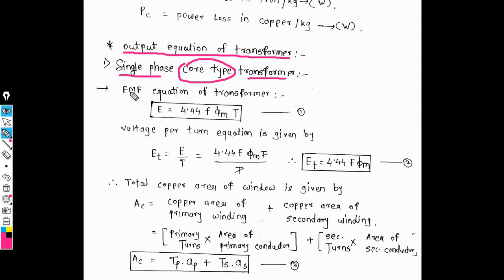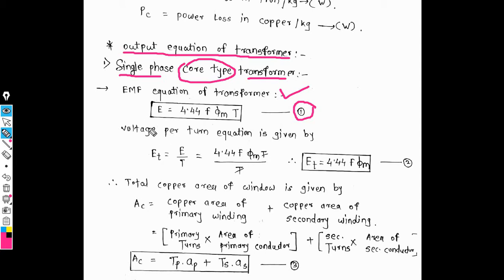You already know the EMF equation of the transformer, that is capital E is equal to 4.44 F phi M T. This is called equation number 1, and this is the standard EMF equation of the transformer.